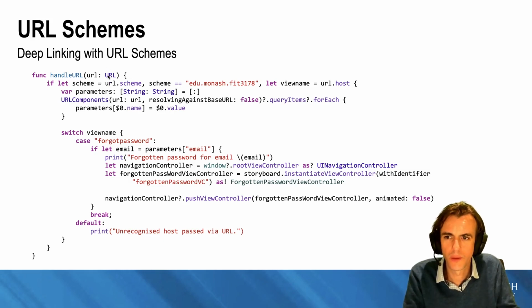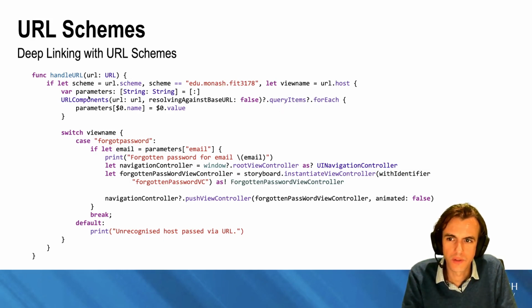For our custom one, it might be edu.monash.fit3178. We can also get the host, which is the part given after the // bit, and we can also get the query items.